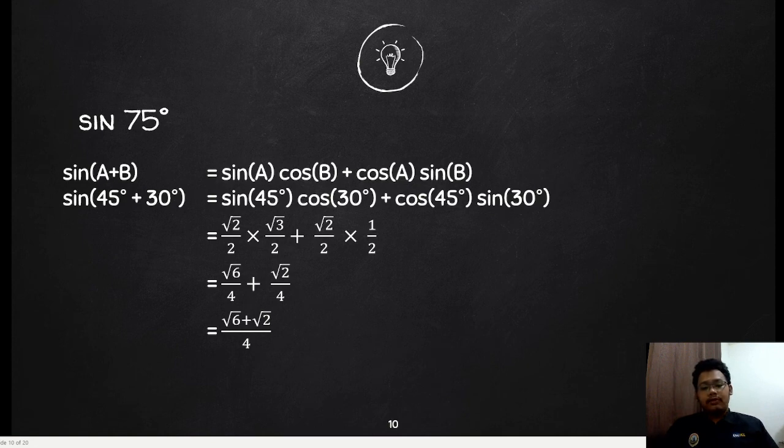If the question requests you not to use a calculator, just leave the answer this way. But if they ask for the solution, then you need to press the calculator and give the number, which is 0.97 if I'm not mistaken.